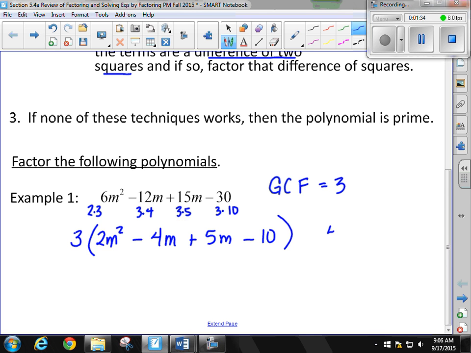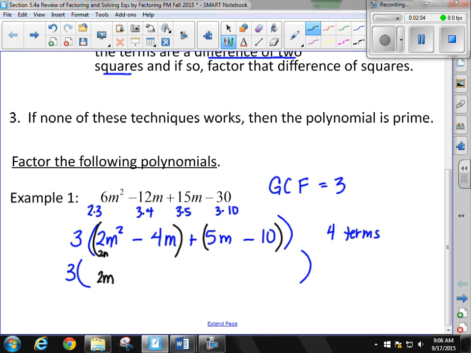Now I have 4 terms. I'm going to try to see if I can factor those remaining 4 terms using our grouping technique. So I'm going to group the first 2 terms together and group the last 2 terms together. Look for a greatest common factor for each group. And I still have this factor of 3 out here, so we're going to keep that as we go down. 2m squared minus 4m, I have a common factor of 2m.